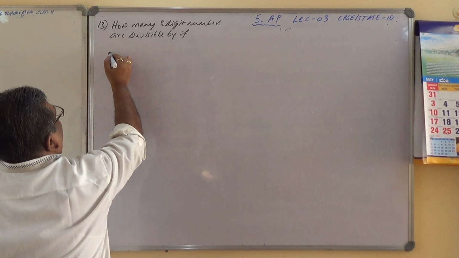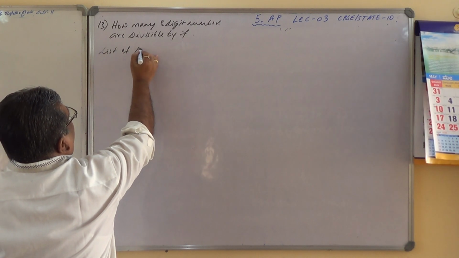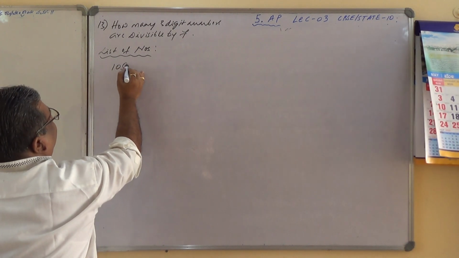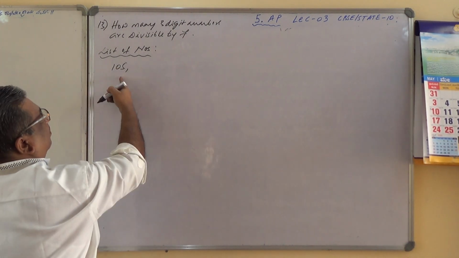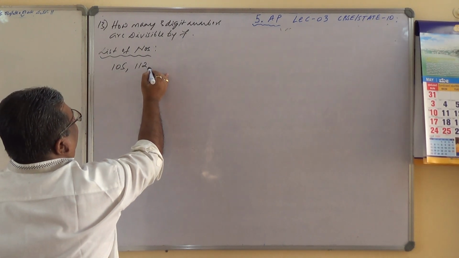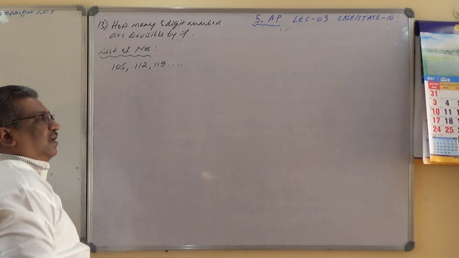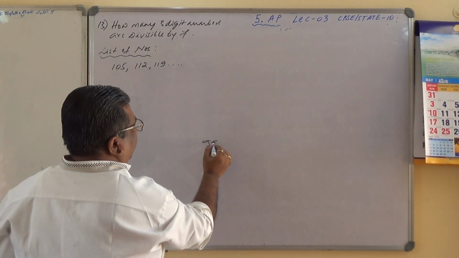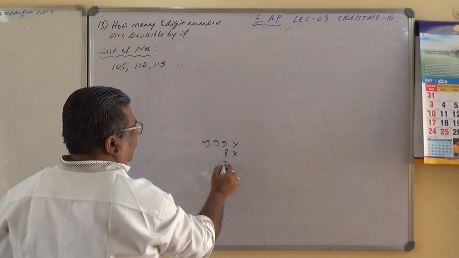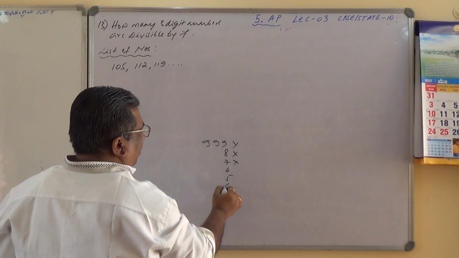So the list of numbers is given by 105, the starting 3-digit number divisible by 7, and then 112, 119 dot dot dot. The last 3-digit number is 999, not possible. 998, not possible. 997, not possible. 996, 995, 994 is possible.